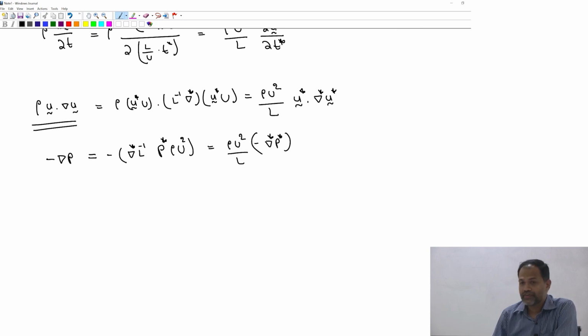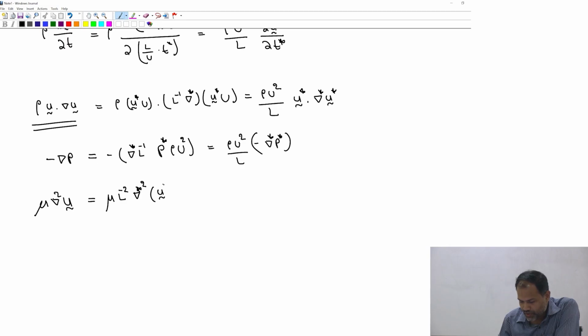And the last term that we have, the viscous term, which was mu times del square u, which we can write as mu times L to the power minus 2 del star square operating on u times capital U, which is mu u by L square times Laplacian of u star.